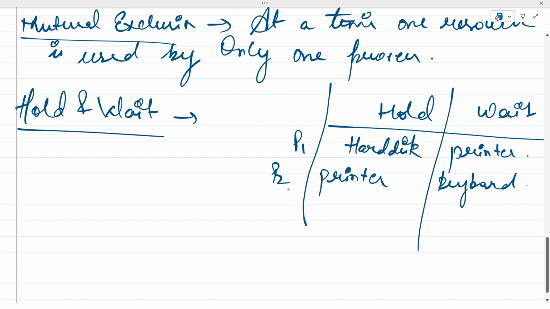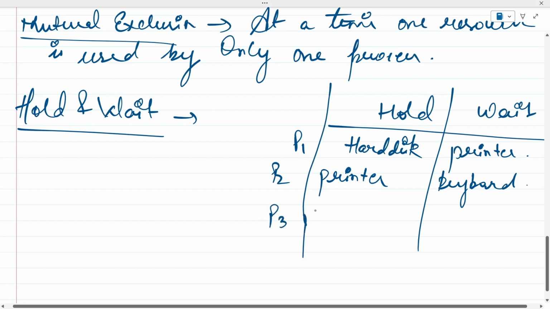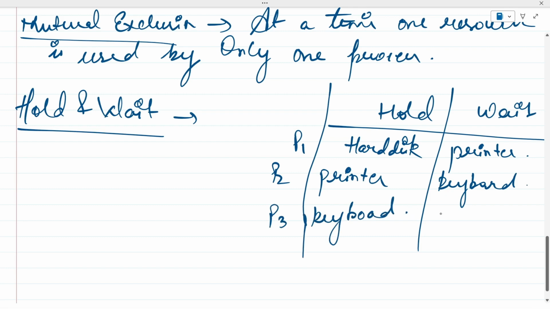When P2 is completed, the printer becomes free and is used by P1. Here you can see how the loop forms. And let's say we have process P3 which has the keyboard and is waiting for the hard disk.